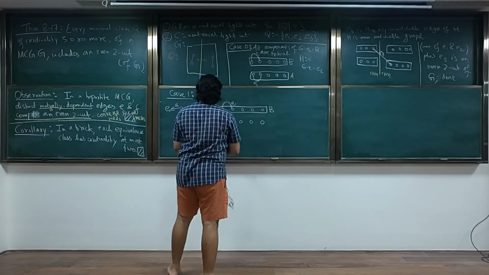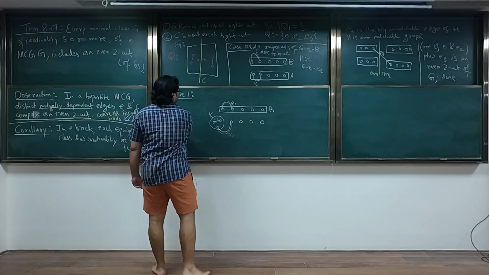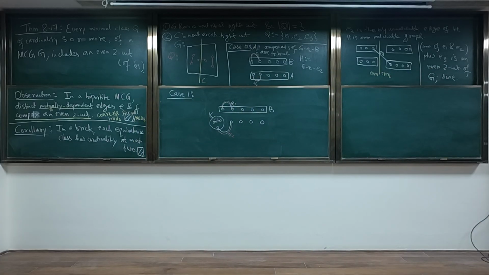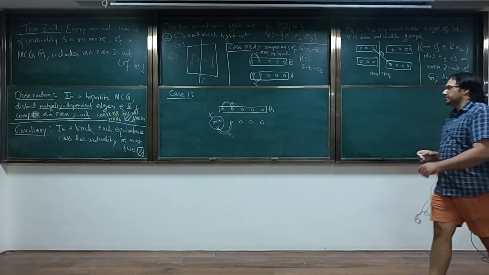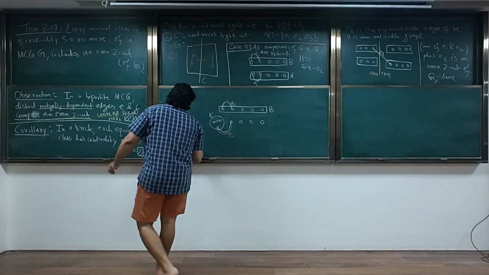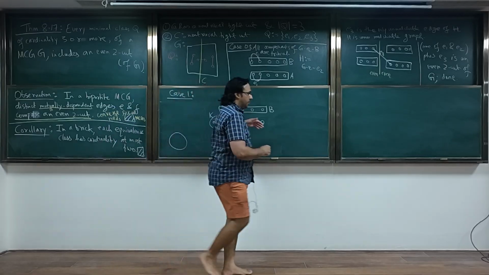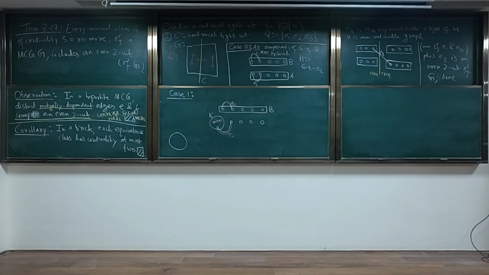Okay. Good. So let's consider the graph obtained by shrinking the complement of K into a single vertex.